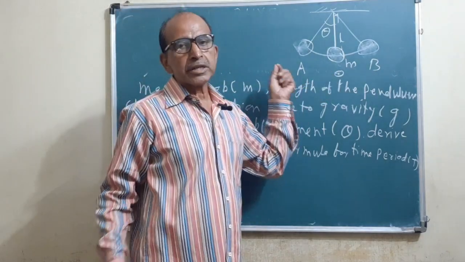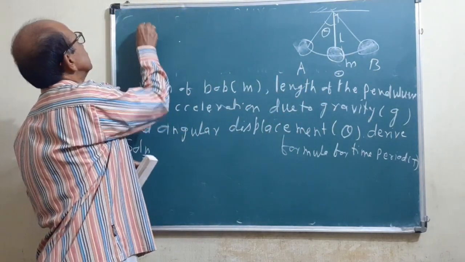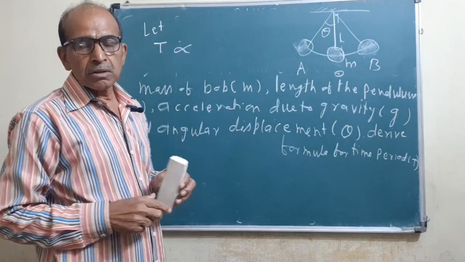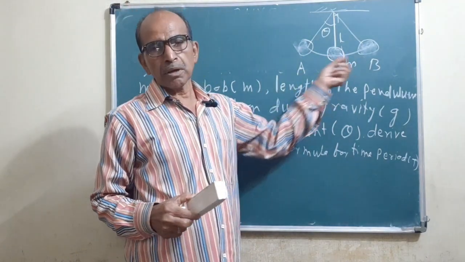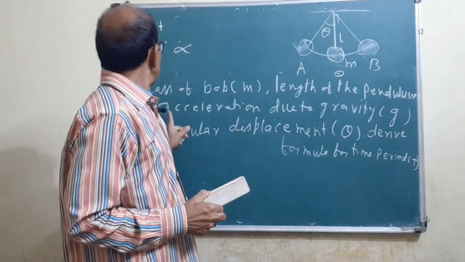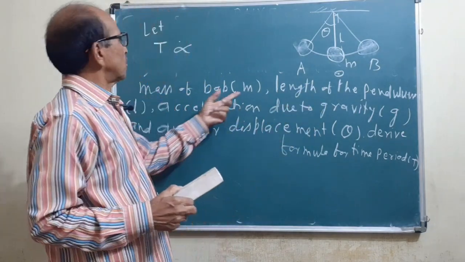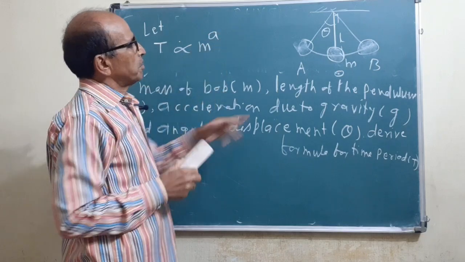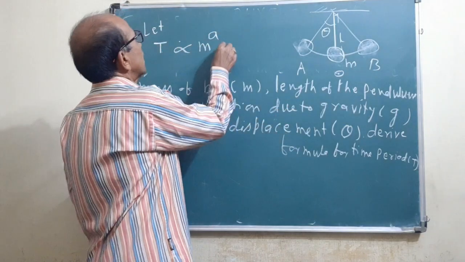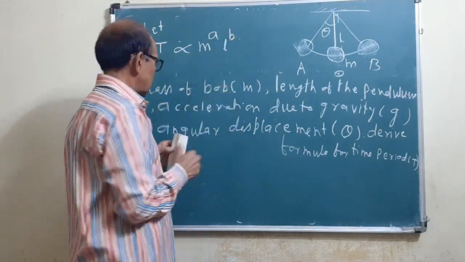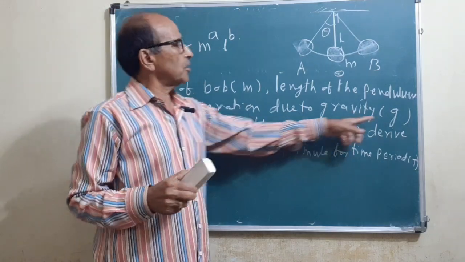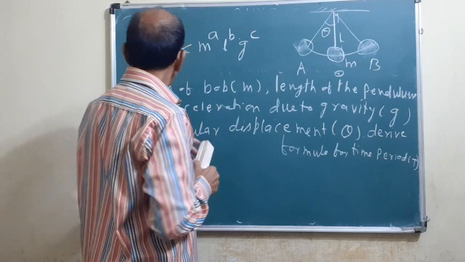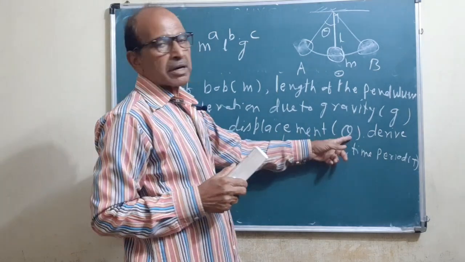So for this oscillation, let T be the time period. The time period of oscillations of the bob of a simple pendulum depends on the mass, so you can write m to the power a, on the length of the pendulum L to the power b, on the acceleration due to gravity g to the power c, and on the angular displacement theta.